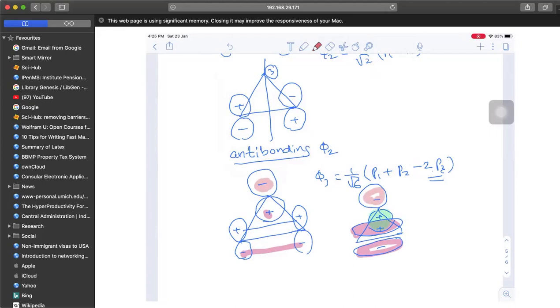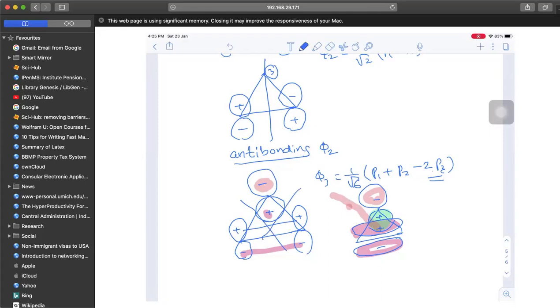And how many nodes does it have? You would expect a node in this fashion, a node like that and a node like that.